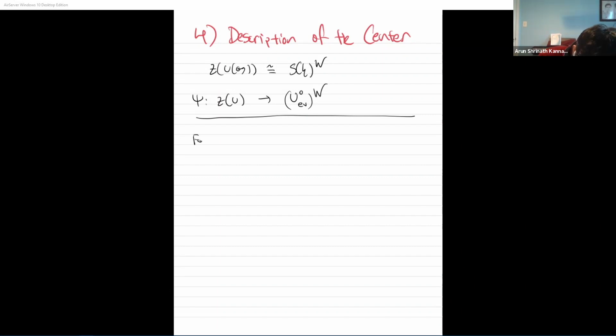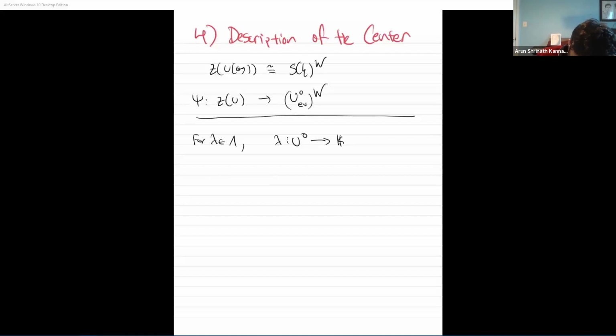For lambda in the weight lattice, we can define an algebra homomorphism, by abuse of notation I'm just going to call it lambda again, from U0 to your field.